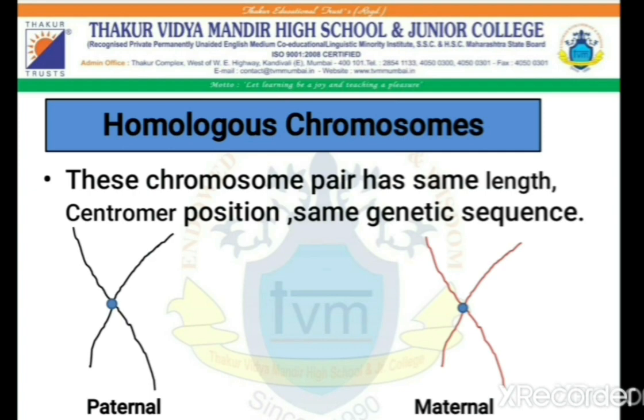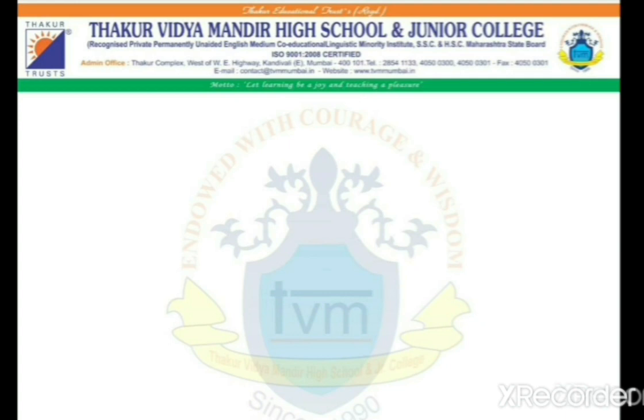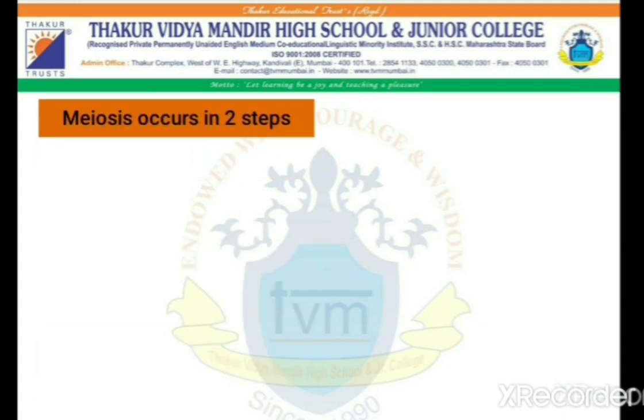Now, coming to the actual part of meiosis. Meiosis is a process which occurs in germ cells. Germ cells are the cells which are called reproductive cells, if you recall, which we have done in the earlier part, that is part 2.